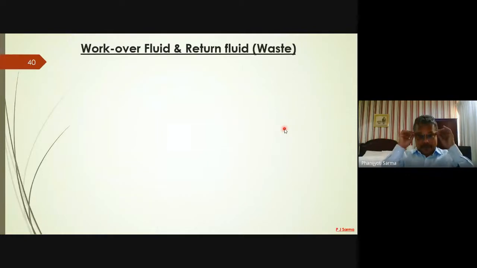So now I'll talk a little bit about the waste associated with the workover operation. As I have said, a lot of waste has been generated and shown by pictorial representation, with the tubings, the failed sucker rod, the failed downhole completion.